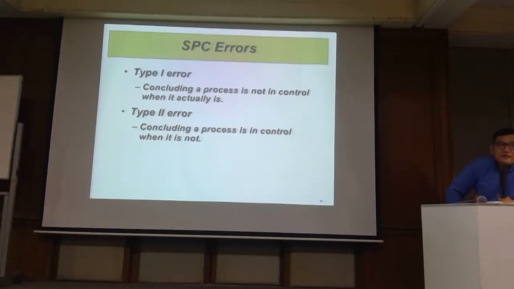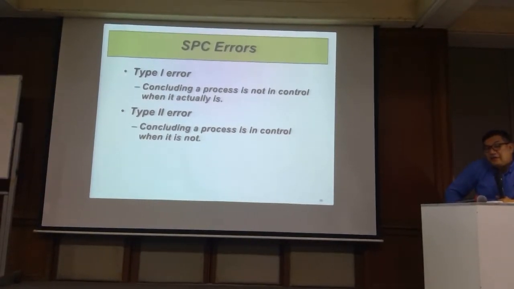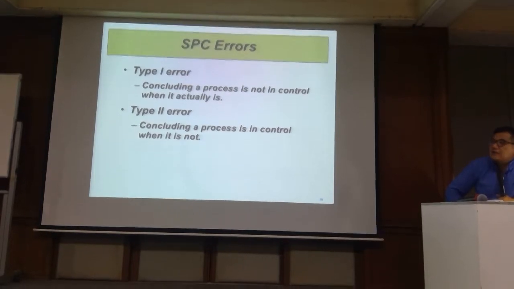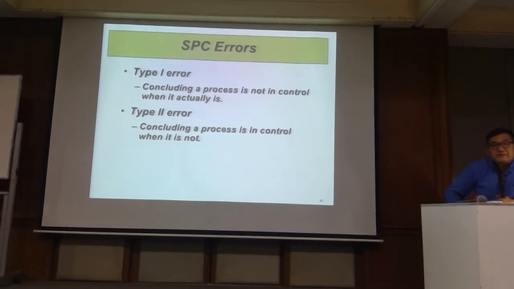But for type 2 error, you conclude the process is in control, but actually it is out of control. So it's different. For type 1, the process is in control, but you conclude that the process is out. So generally we call it the producer risk, right?